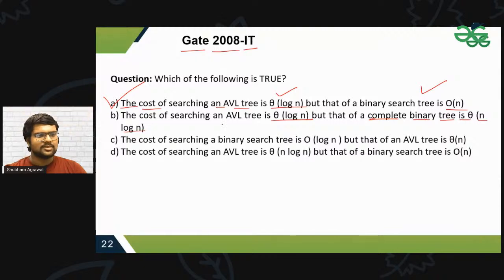Next, the cost of searching a binary search tree is log n, but for the AVL tree it is theta of n, so it is also false. And the cost of searching an AVL tree is n log n, so it is false, and binary search tree is order of n. In this statement, they are telling that theta n log n is the answer for the AVL tree, so it is not the cost of searching. The cost of searching for an AVL tree is log n. So our correct option will be A only, and all the other options are wrong.